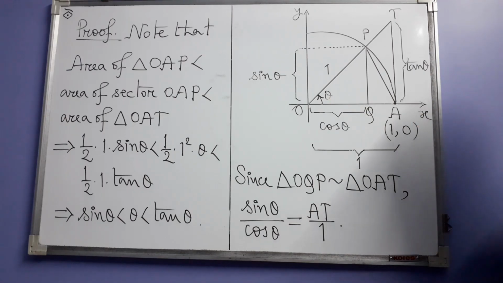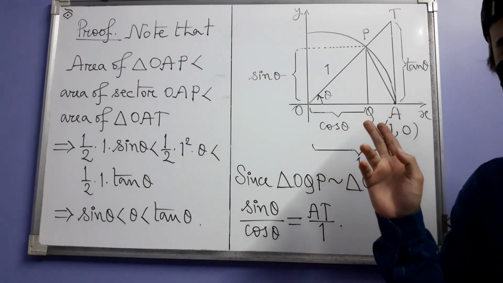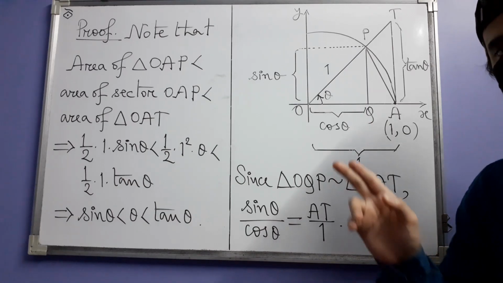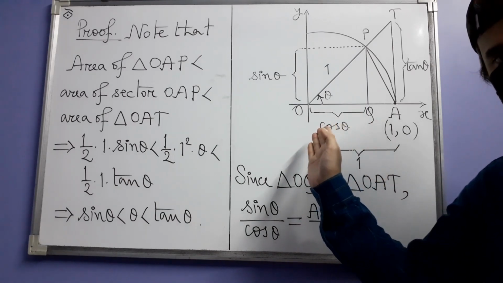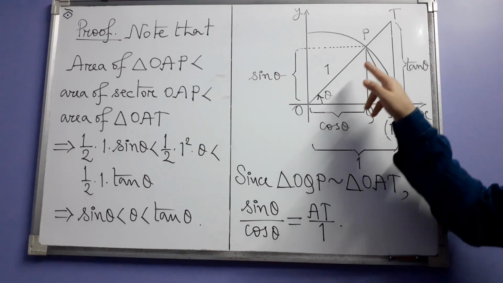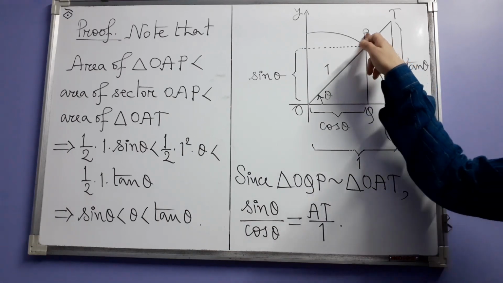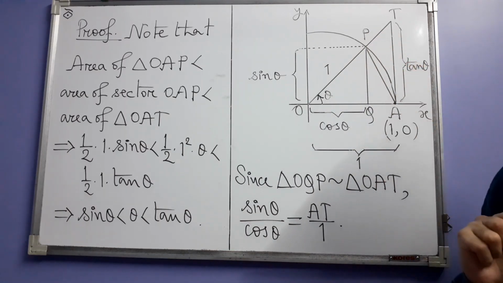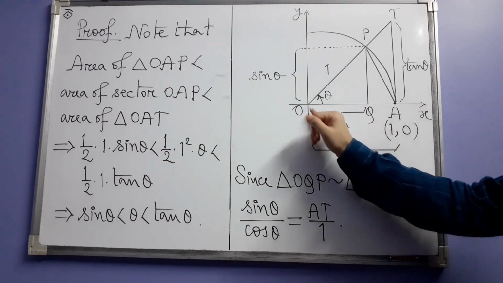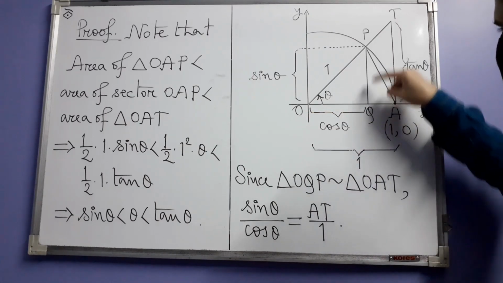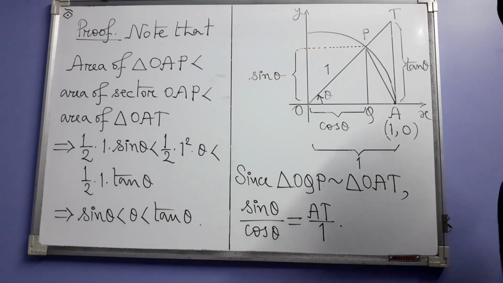Alright. Now, what are these lengths? Let's see. Because theta is being measured in radians, and because it has been put in the standard position, and this is the unit circle, we know what the coordinates of P are: cos theta, sin theta. As such, OQ is cos theta and PQ is sin theta.